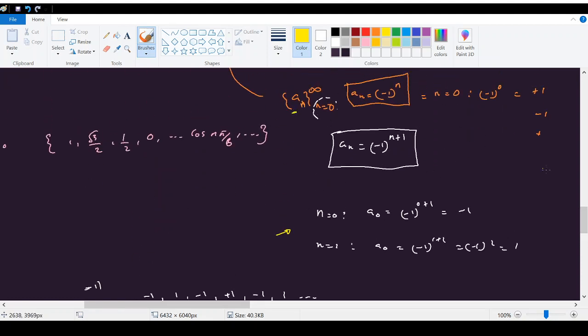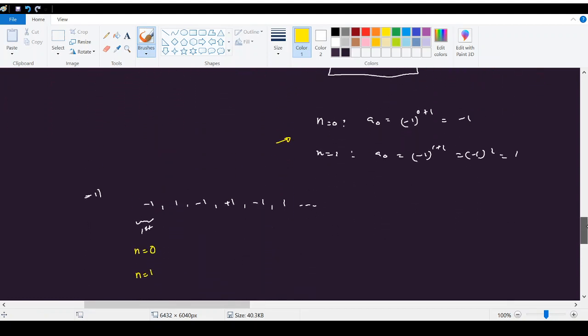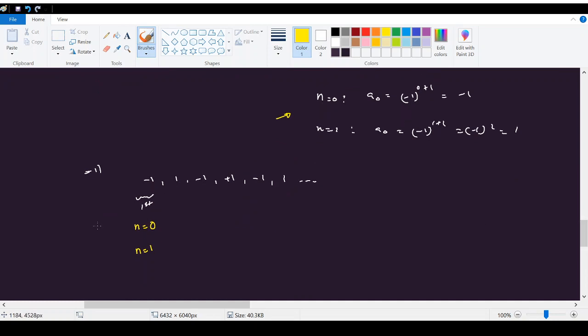It's very important to understand these ideas. In this case we represented the sequence starting from 0 and going up to infinity, and in this case we represent it starting from 1 and going up to infinity.